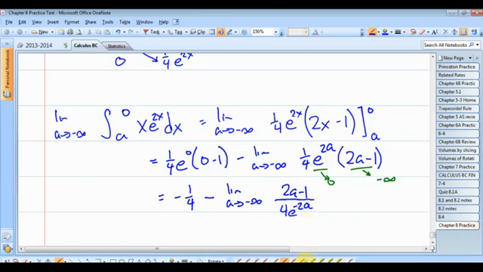Okay. Let's check this form. This is infinity over infinity, right? We have a going to a large negative number. Large negative number times negative 2 is a large positive number. E to a large positive number means infinity. So we L'Hopital.